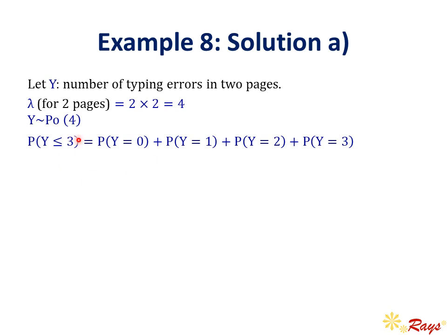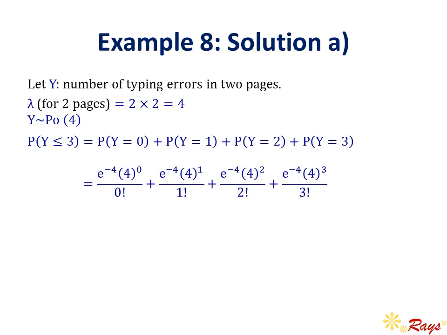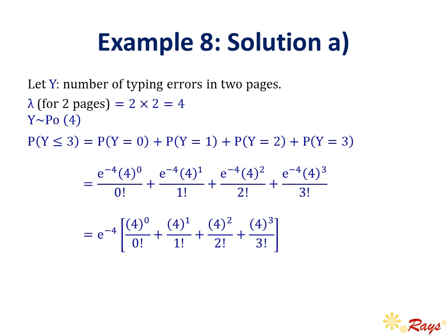At most 3 means the maximum is 3. So therefore, we have to write the probability of Y equals 0, Y equals 1, 2, and maximum is Y equals 3. Substitute the values into the formula, and to make our calculation easier, we factor out e to the power of -4 since it is the common factor here, and that is our final answer.